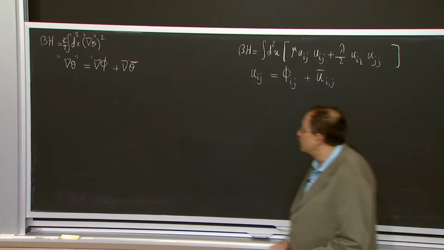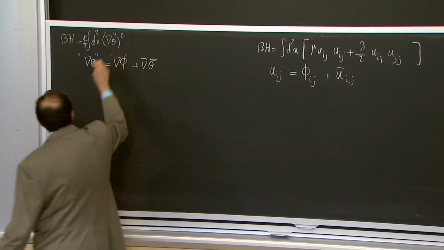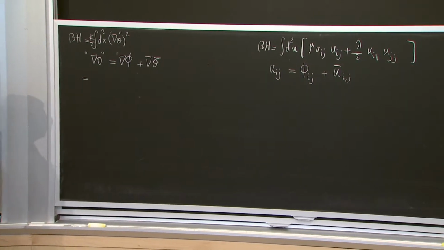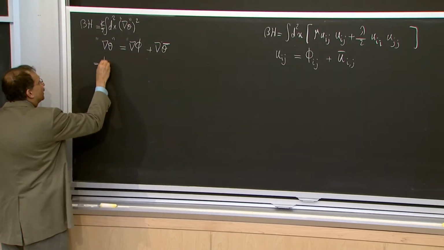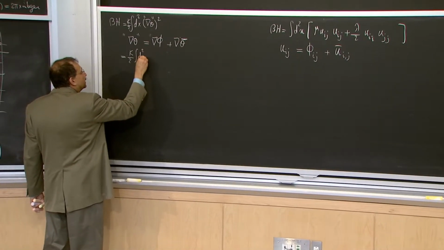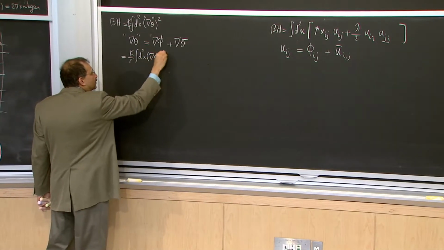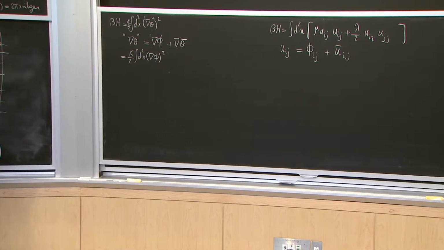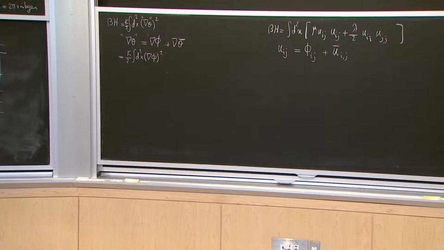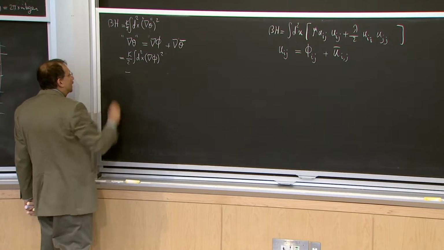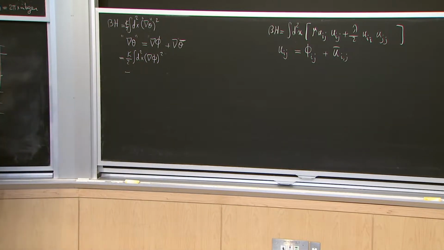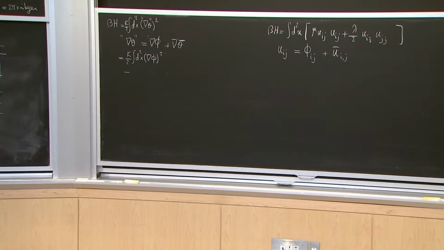So we substituted this form over here, and we found that beta H that we got had a part that was simply related to the Goldstone modes. This was the part that could be treated as a Gaussian. And then we had a part that corresponded to the interactions among these defects.